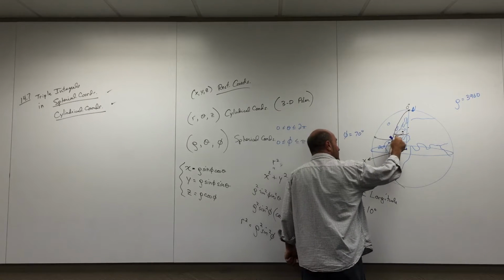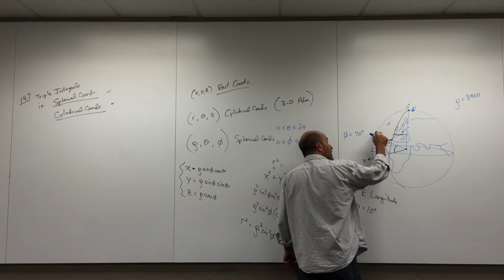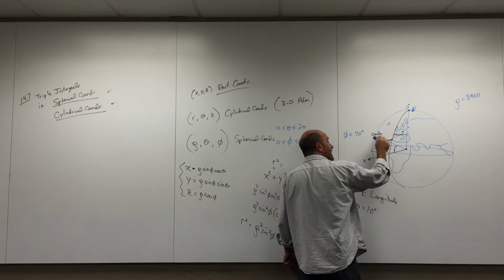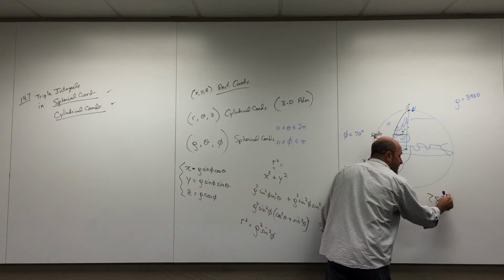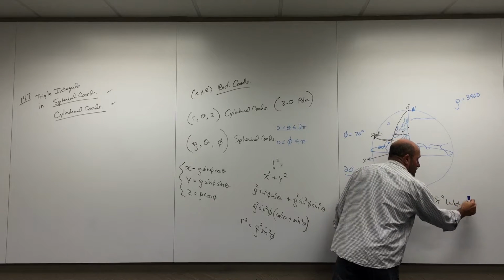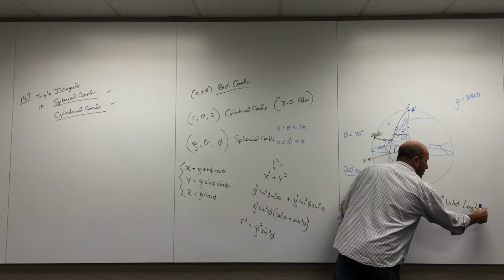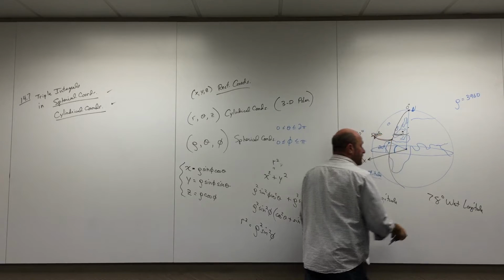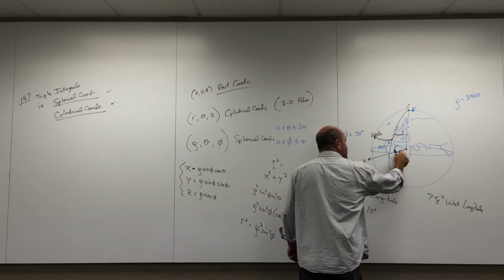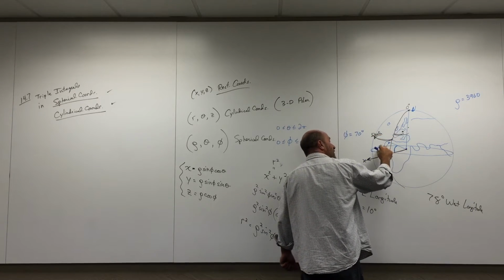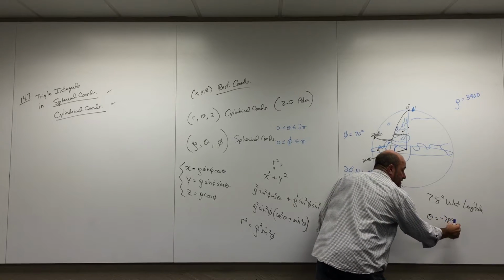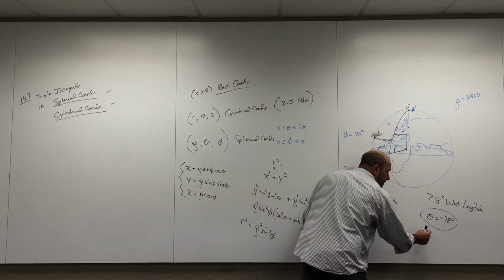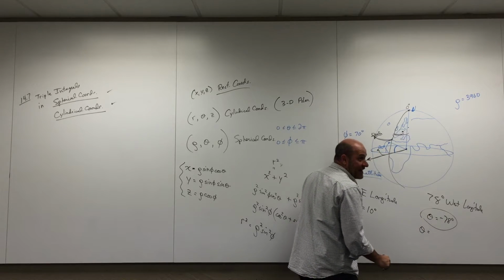But Ocala, or Florida over here, way over here across the Atlantic, is maybe 78 degrees west longitude. Here's the x-axis coming out at me. I'm rotating back from the x-axis, so we could call that negative 78 degrees for theta, or 360 minus 78.